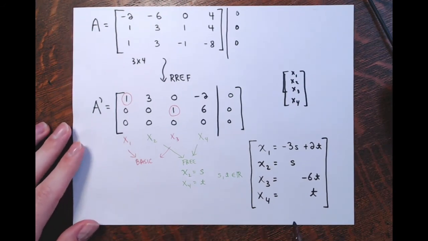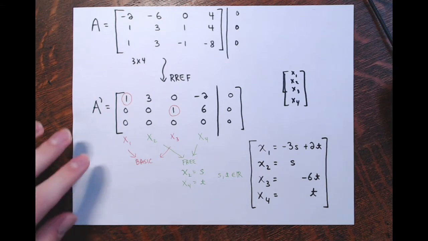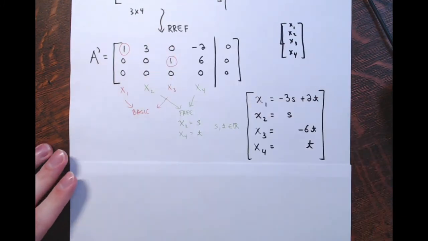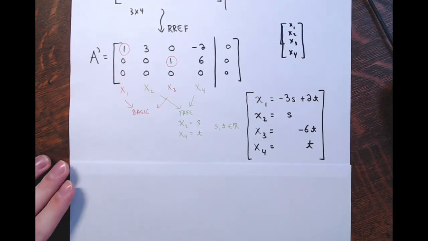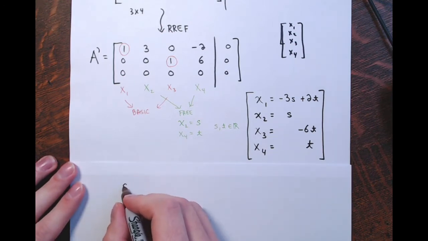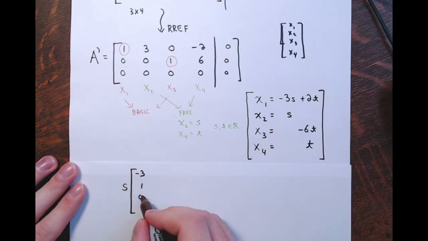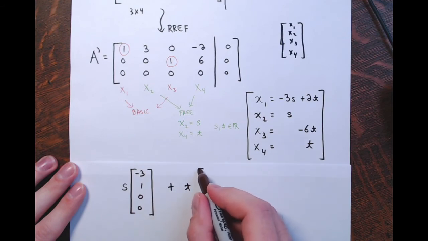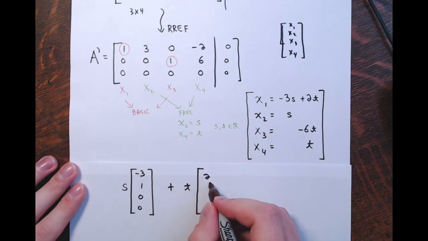So the vectors are looking like this. These vectors x1, x2, x3, x4 I'm looking for are like this. And you can split them up based on the free variables. Each of these vectors in the null space, each of these vectors that would make this matrix 0 when I multiply them, would look like the following. You'd have s times negative 3, 1, 0, 0 plus t times 2, 0, negative 6, 1.